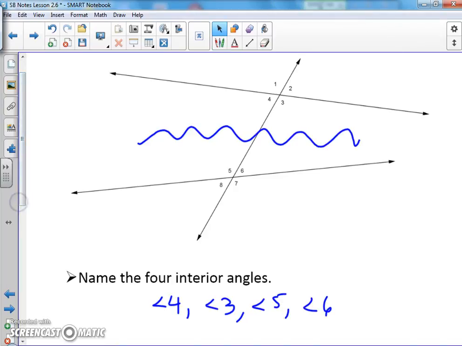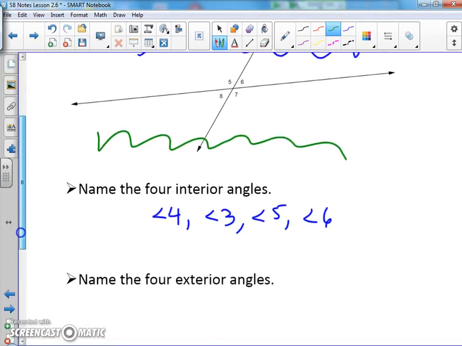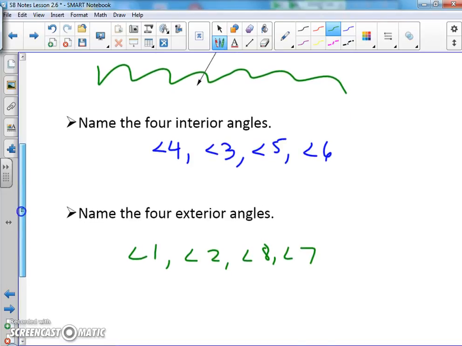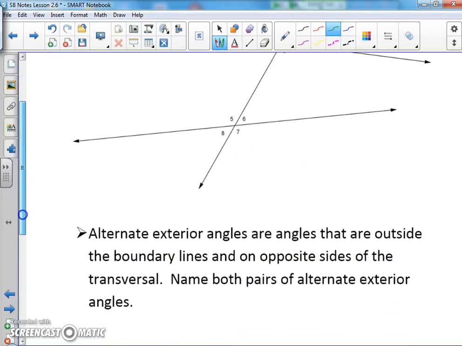My exterior angles, since my exterior region is out here, would be the other four angles: 1, 2, 8, and 7. It's important to recognize whether angles are interior or exterior because that makes a difference when we name their relationships to each other.